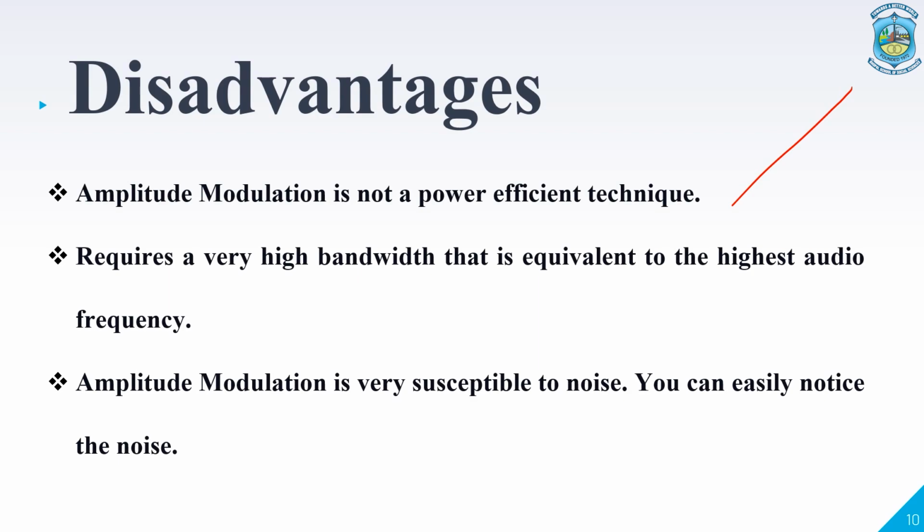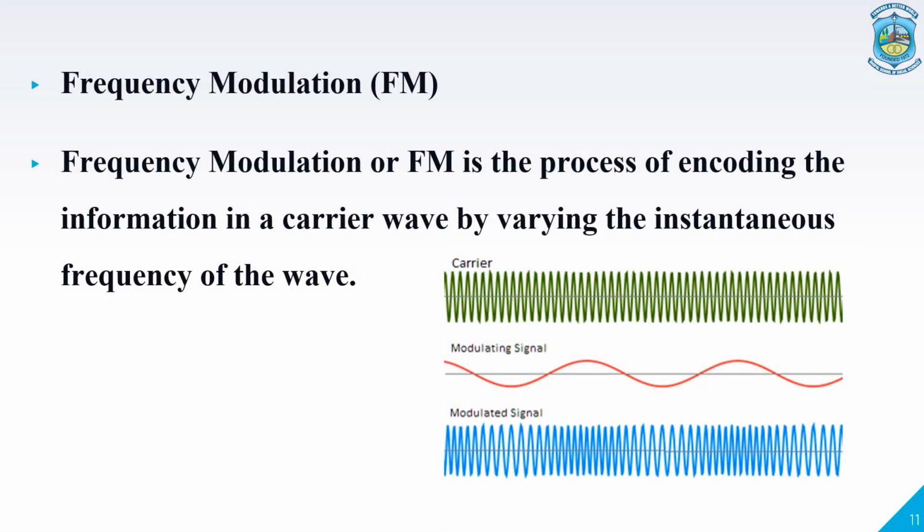Then it is susceptible to noise. That means there is a chance that noise affects it in a limited percentage, but in the case of amplitude modulation you can very easily detect or notice that noise. So these are the disadvantages of amplitude modulation.